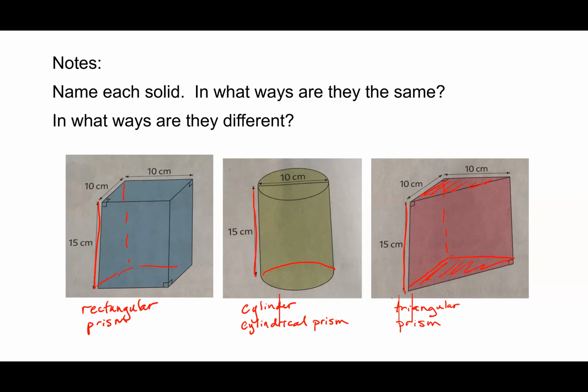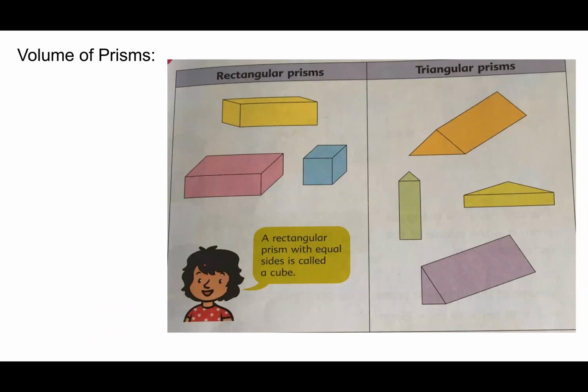How are they different? Tyler? Yeah. All of their bases are different shapes, aren't they? So we've got a circle for a base in the middle. We've got a triangle for bases on the side, and then a square for a base over here on the rectangular prism. Okay. So let's take a look at this next picture that you guys have in your notes.